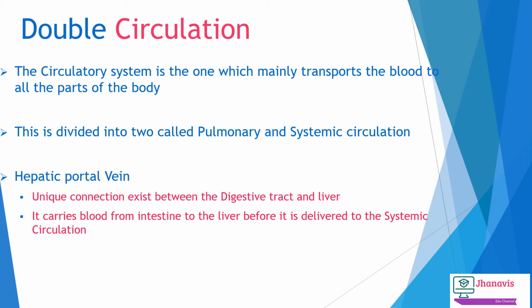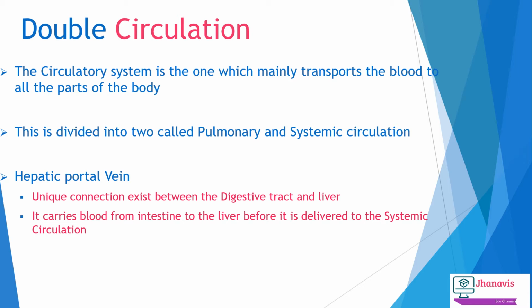Next question is, what is the systemic circulation? See, the systemic circulation is a part of the circulatory system. The deoxygenated blood is collected by a system of venules or veins or vena cava and emptied into the right atrium.